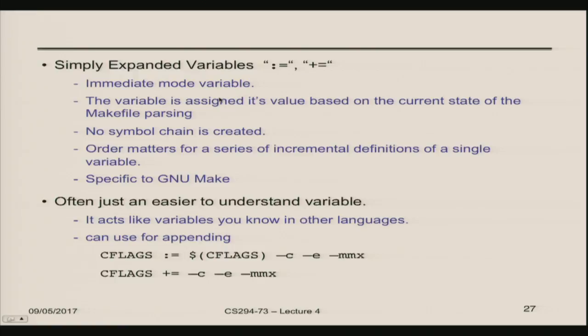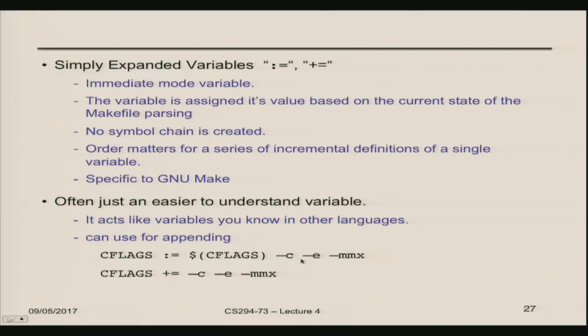Rather than try to explain these words, let me just go down here and give you an example. Let's say I had CFLAGS and I've already defined a bunch of compile flags, and now I want to add some more because for the case I'm looking at, I want to have more of them. So I just say CFLAGS colon equal $CFLAGS -c -e -mmx.